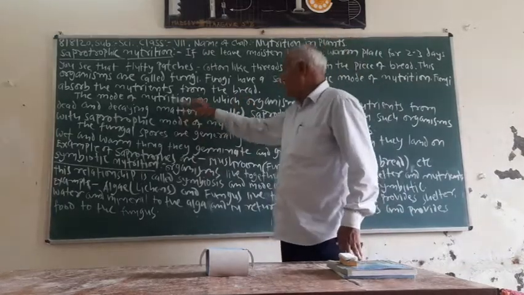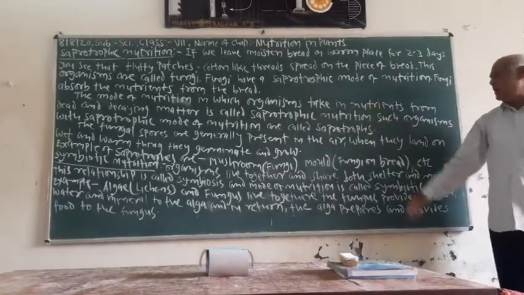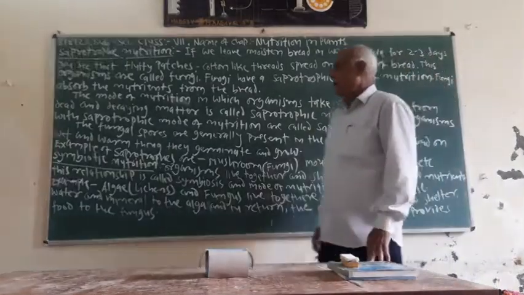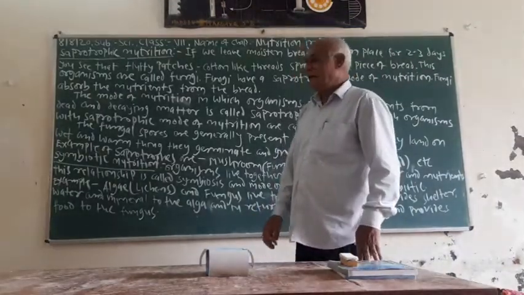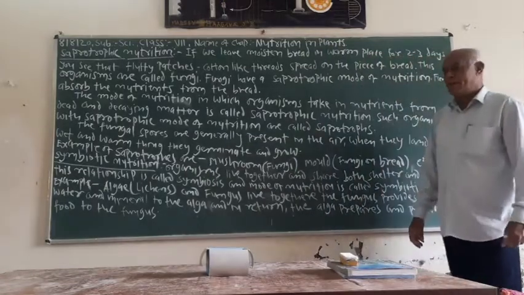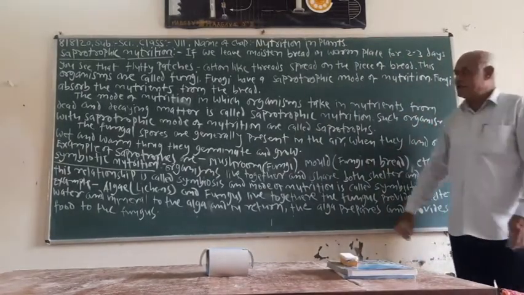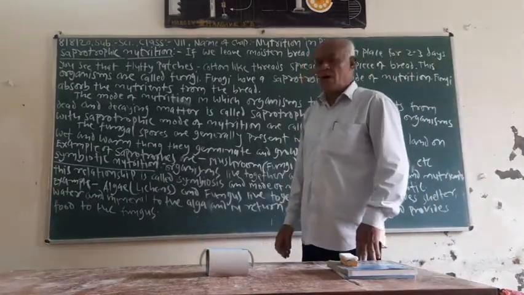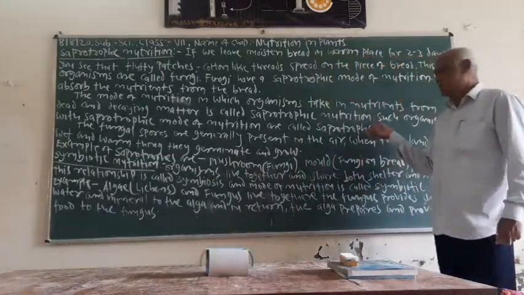The mode of nutrition in which organisms take in nutrients from dead and decaying matter is called saprotrophic nutrition. Such organisms are called saprotrophs.